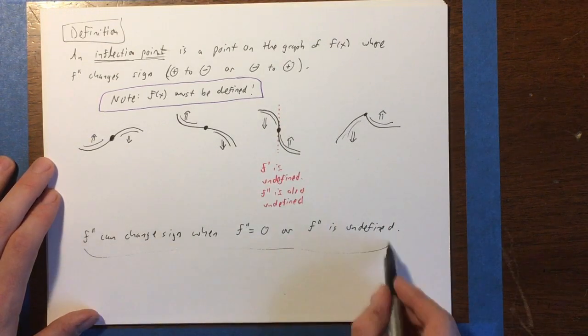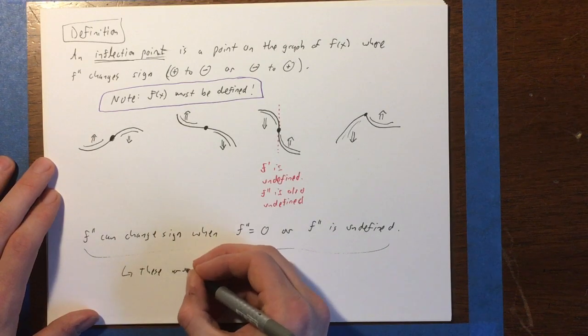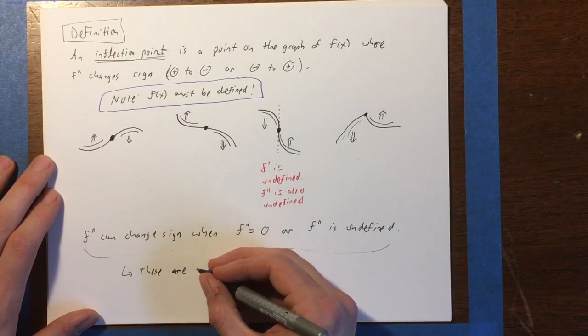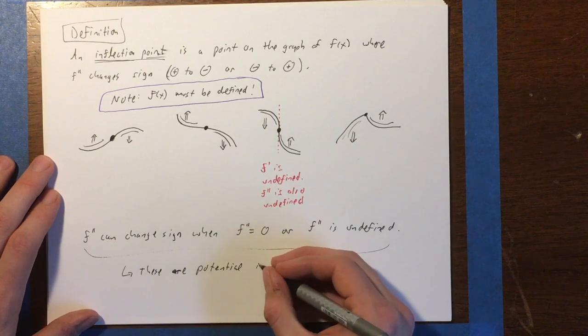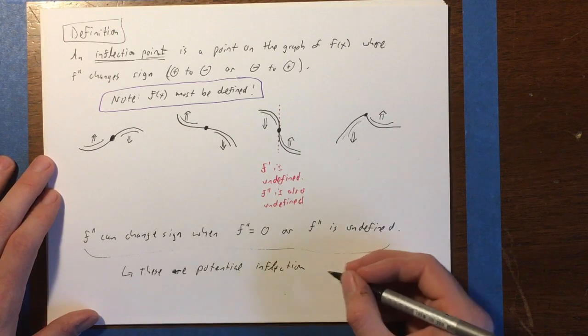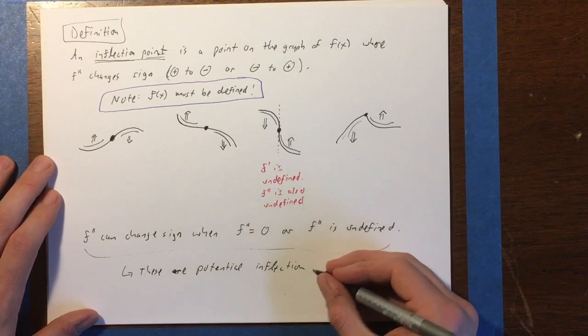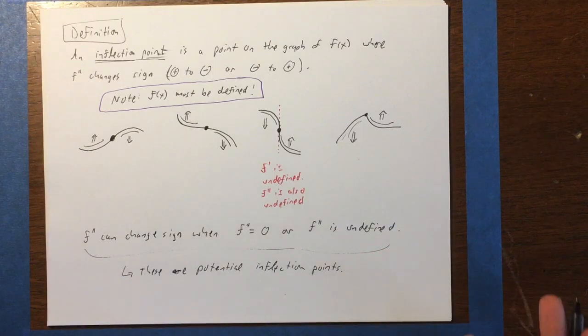These numbers are not necessarily inflection points, but they are potential inflection points, just like how the critical numbers are potential local maximums or minimums. Inflection points are basically analogous to local extremes, but one step up the derivative ladder.